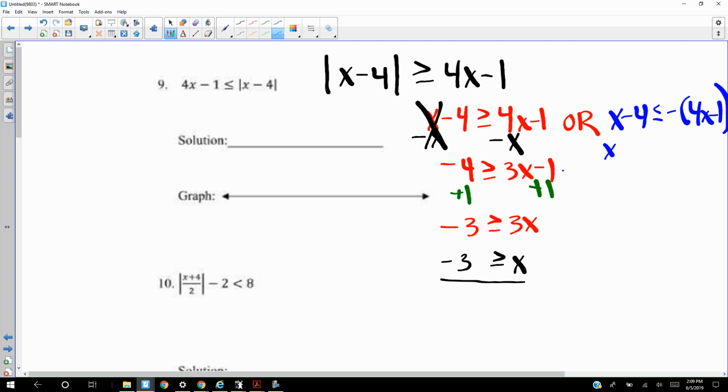And on this other side, distribute the negative 1. We're going to combine our x's. Again, a couple of different ways to do this. I added 4x to both sides. Then I'm adding 4 to both sides.